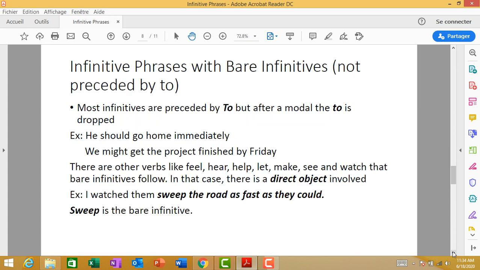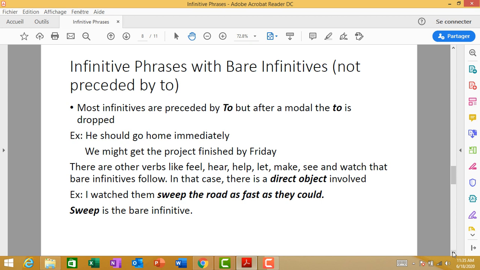Infinitive phrase can also be used without the to. That means when the infinitive is not preceded by to, this is what we call the bare infinitive. Most infinitives are preceded by to, but you know what is a modal?